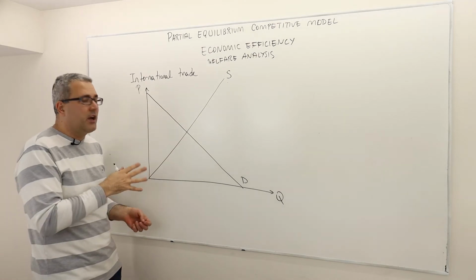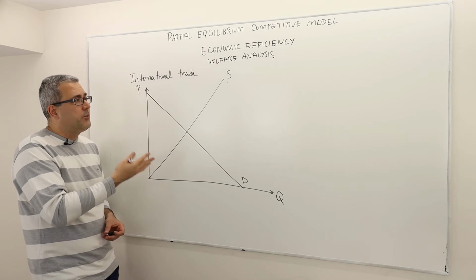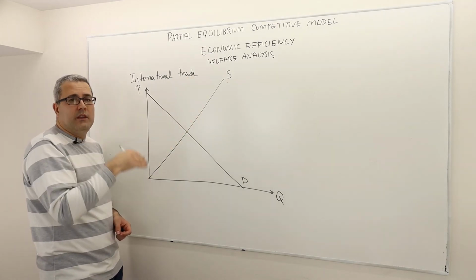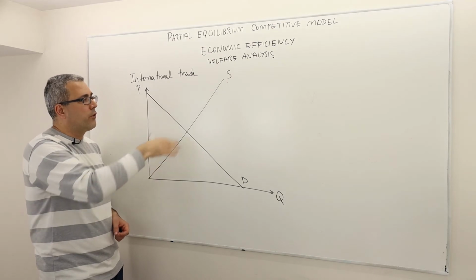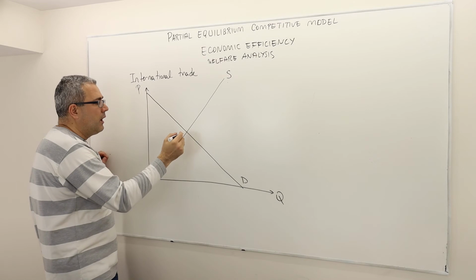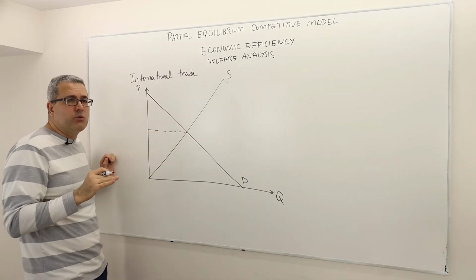All right, so let's talk about a very simple example, an international trade example. So consider a country where they produce this product. Let's suppose it's olive oil, and this is the domestic supply for olive oil, and this is the domestic demand for olive oil. And so let's assume that this country is not making any trade in olive oil.